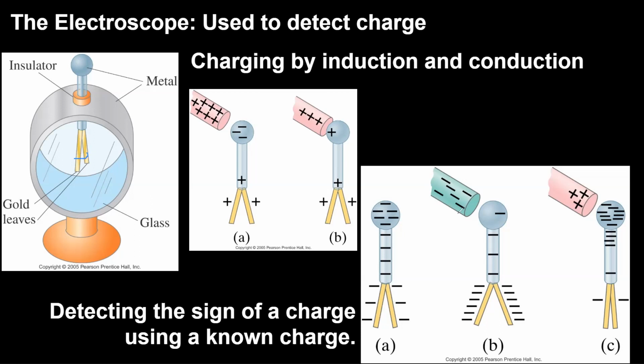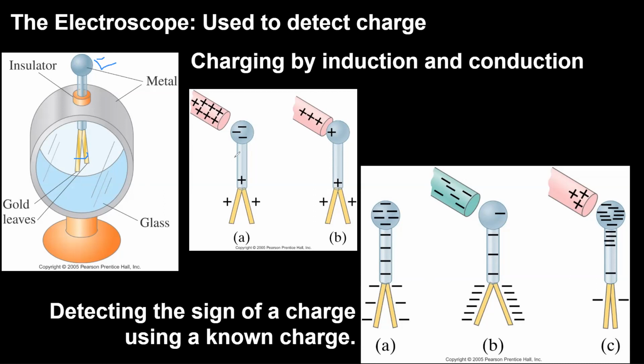So basically what this electroscope does is that you look at how these gold leaves behave when you put something close to it via conductive or inductive charging, and the behavior of these should tell you what kind of charge this has.